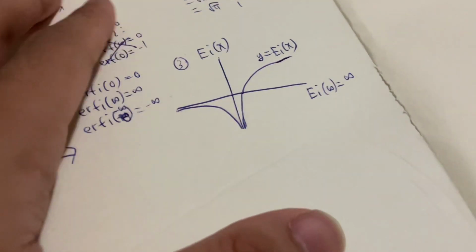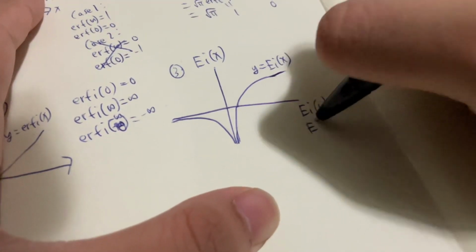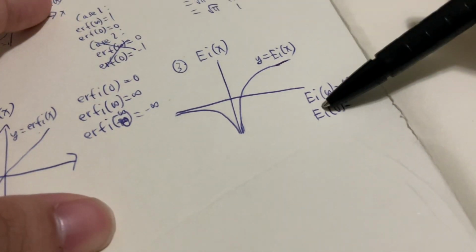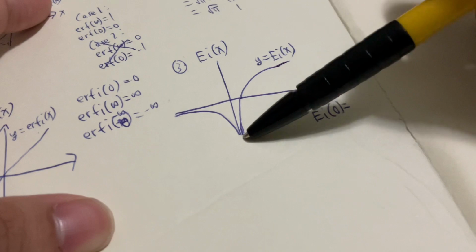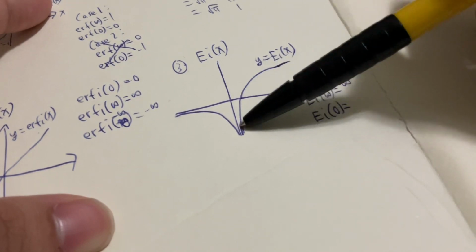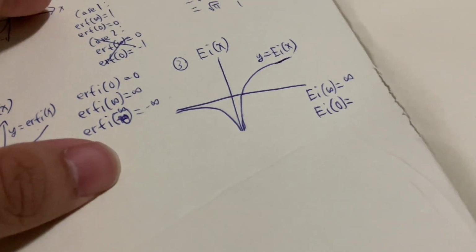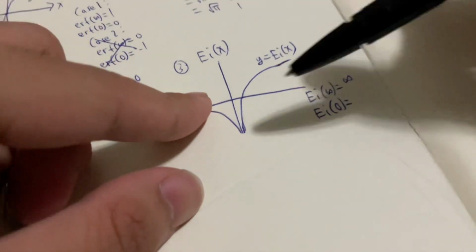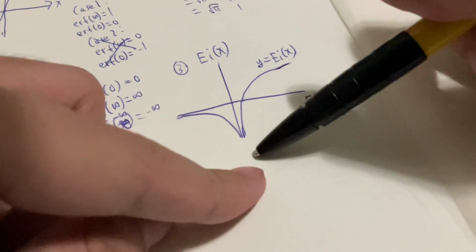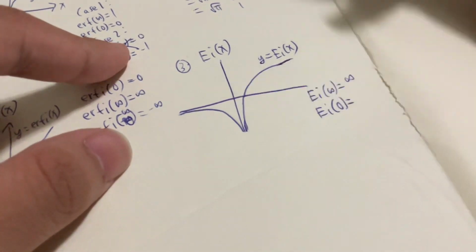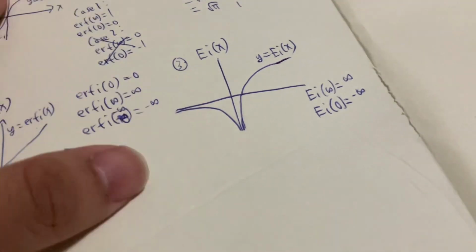That's when you do Ei of 0, and this is kind of different. When x approaches 0, or you can do 0 plus or 0 minus, you're also going to get negative infinity. Yes, you can try the graph.